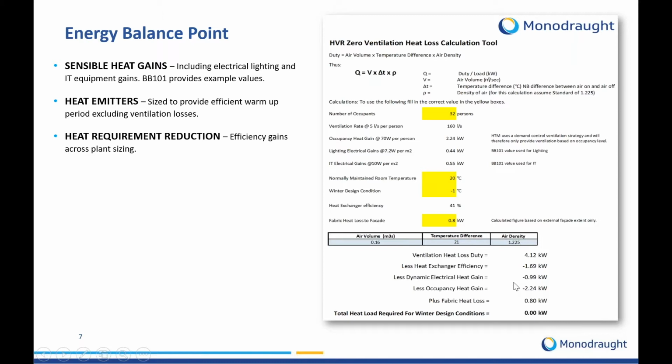What that enables us to do is look at the optimum efficiency of a heat exchange design within the room space and recognise that temperatures below -1 will be encompassed, but it's limiting that level of heat loss to an average condition.